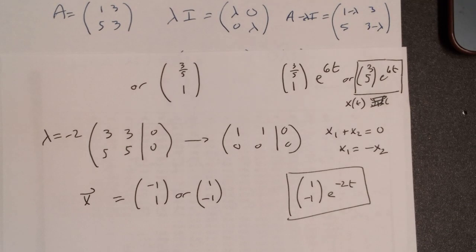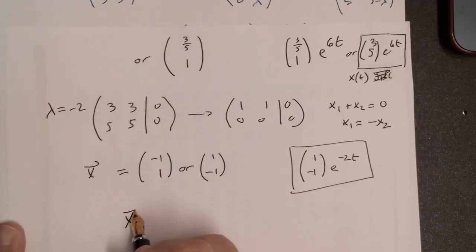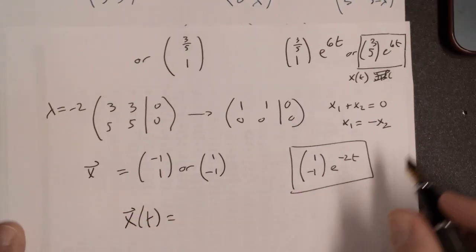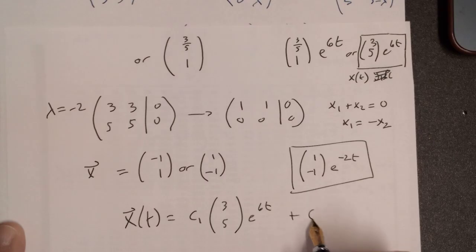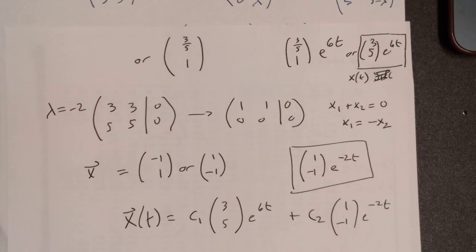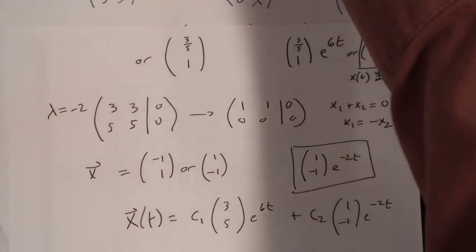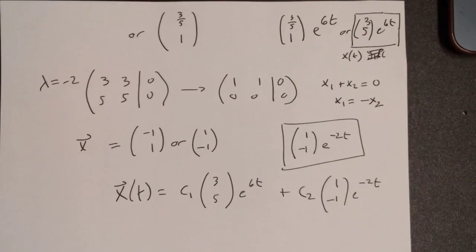And so I get x of t being number times this thing plus number times this thing. Except for the fact that I wrote them in the other order at the beginning of class, that's the same answer, isn't it? It worked.